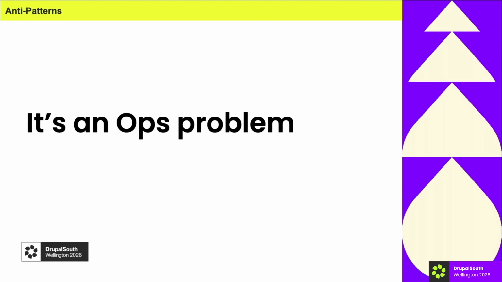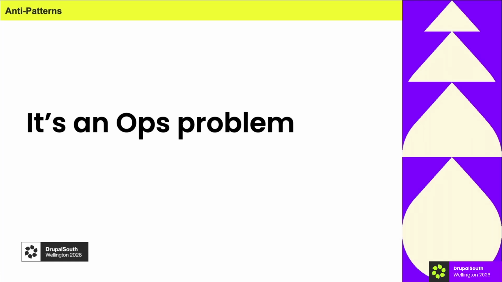It's an ops problem. Make it scale. Add more CPUs, add more RAM, put more servers in there, scale it up. No. Make it faster. No. Like I said, it's collaborative. It's shared. Maybe it needs more compute, but let's work together.